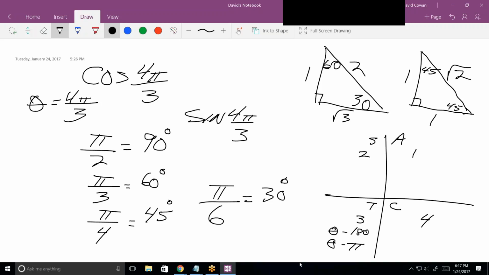Right, okay, I was looking at 4 pi. 4 pi over 3 minus pi is what? Pi over 3. Okay, so in parentheses, I'm putting what its equivalent first quadrant angle is. Now, go up from your triangles and tell me what cosine of pi over 3 is.